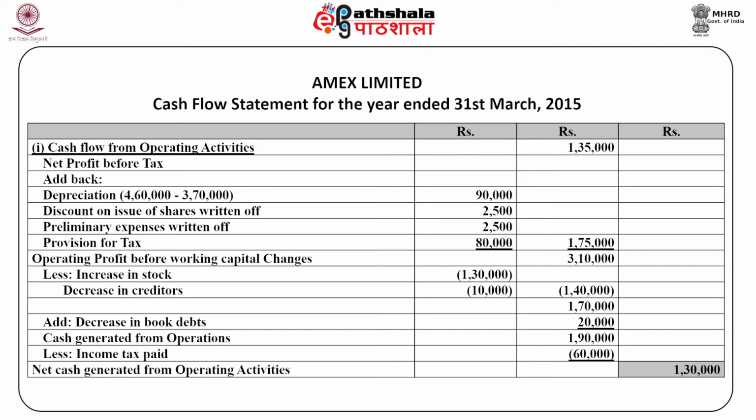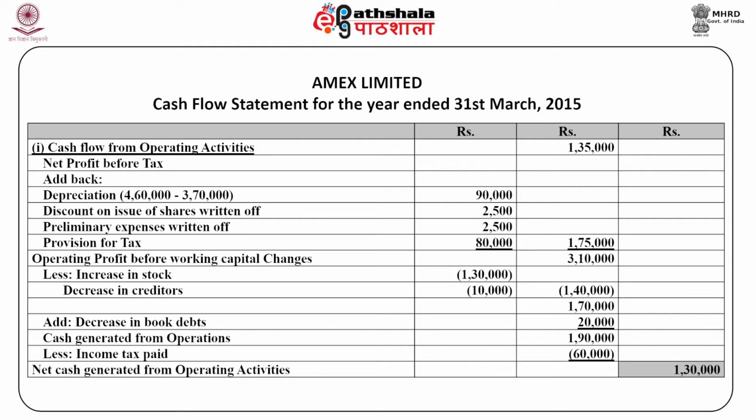Operating profit before working capital changes is the total of 3 lakh 10,000. From this, we will deduct increase in stock 1 lakh 30,000, decrease in creditors 10,000. So total deductions are 1 lakh 40,000. This gives us operating profit 1 lakh 70,000.